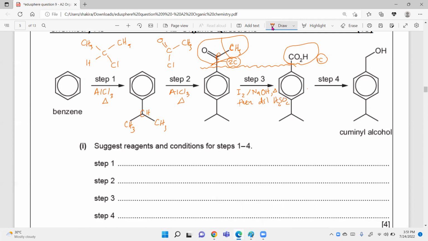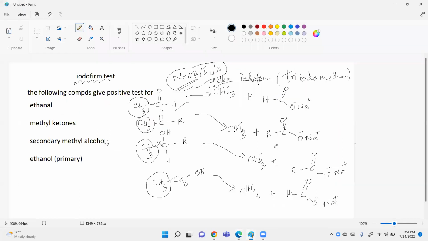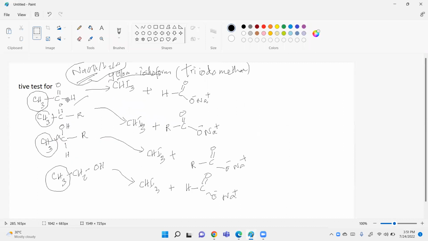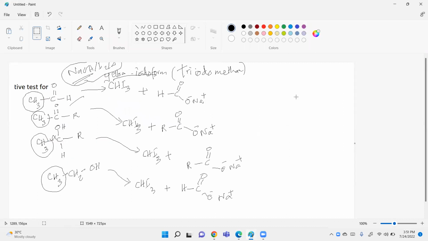Dilute H2SO4. If it's confusing, I'll go back to this, I'll cover all the names. See the first compound. In the first compound, we have a sodium salt because there is sodium hydroxide.